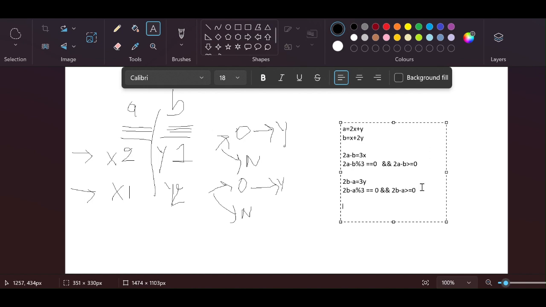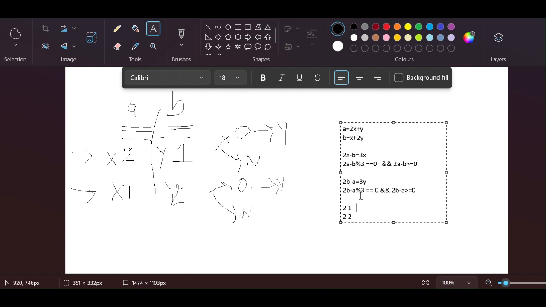So now our input is 2 and 1 and 2 and 2. So for 2 and 1, 2 is 4, 4 minus 1, so it is divisible by 3, right? And for the second condition, 2a minus b greater than or equal to 0, so we have to check. 4 minus 1, which is 3, which is greater than 0, so the first condition is satisfied.